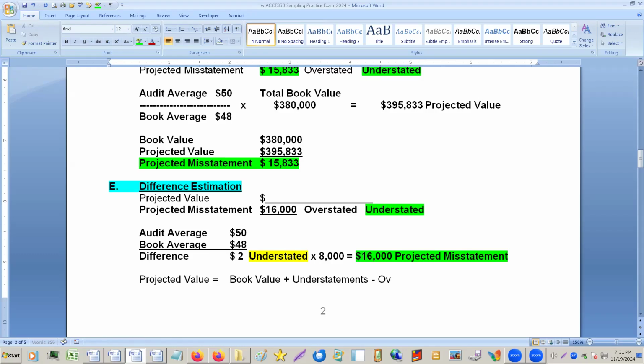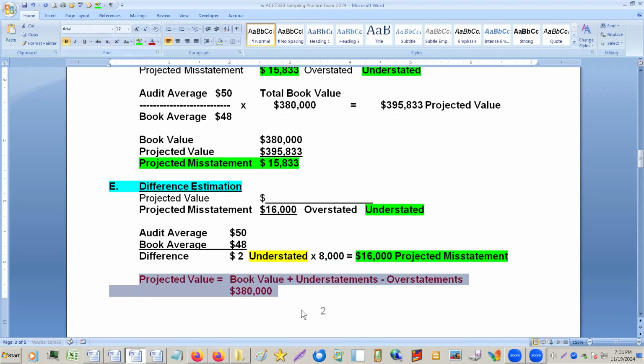And it's going to be one or the other. Okay, so the book value is 380,000. Plus any understatements, and in this case, we do have an understatement of 16,000.